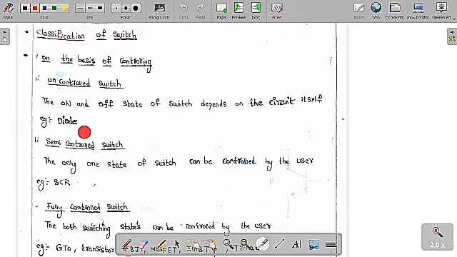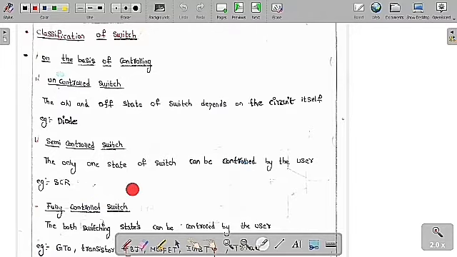An example is the diode. So we can say uncontrolled switch means the on and off state of the switch depends on the circuit itself. Example is diode. Whereas semi-controlled switch means only one state of the switch can be controlled by the user. Example SCR.